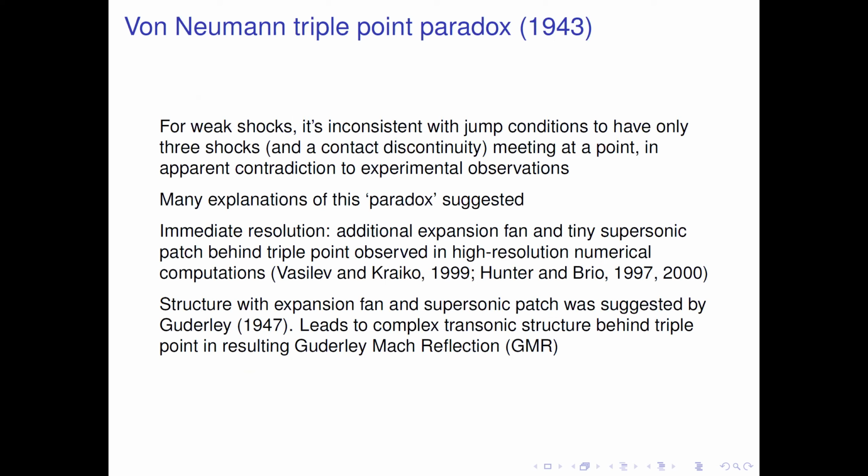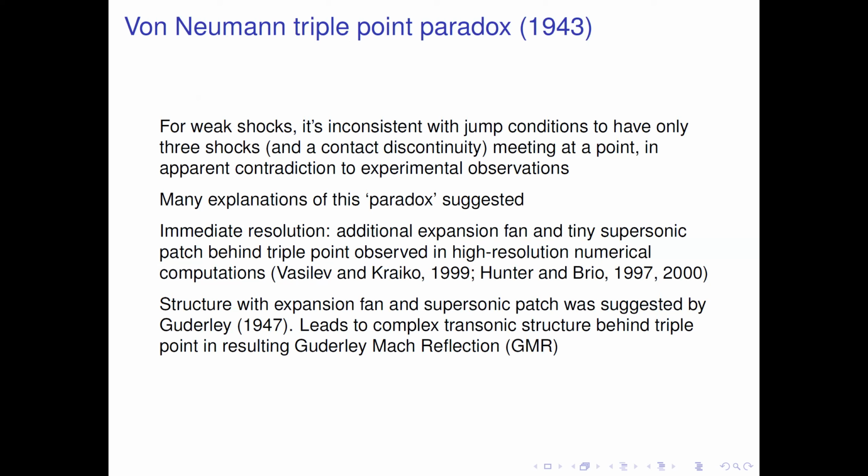So it's just repeating what I said, and I should say also, of course, and sort of putting this under the rug a bit, there's also a contact discontinuity that comes out of the triple point. So you have 3 shocks meeting at a point. The state that you get by going through the incident and reflected shock has different entropy and different tangential velocity than the state you get by going through the Mach stem.